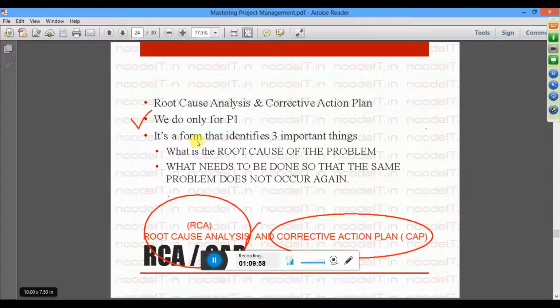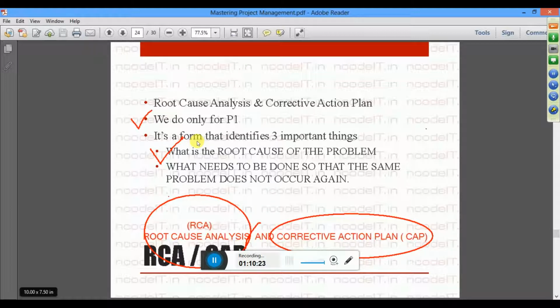So root cause analysis has two fields. One is what caused the problem. The second is what needs to be done so that the same problem does not occur again. It's a small Word document with only these two fields: what is the cause of the problem, and what should be done so the problem does not repeat.